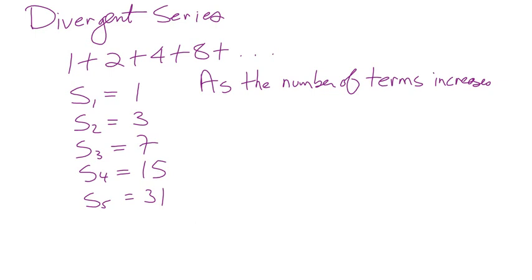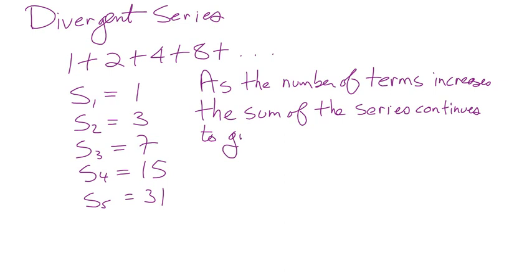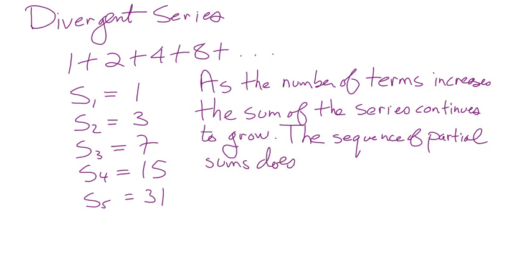The sum of the series continues to grow as the number of terms increases. The sequence of partial sums does not approach a fixed value.